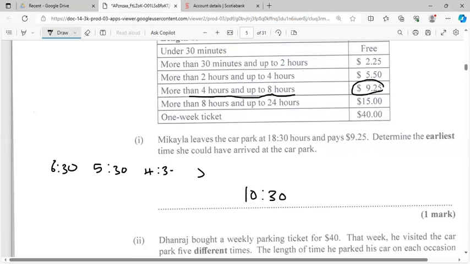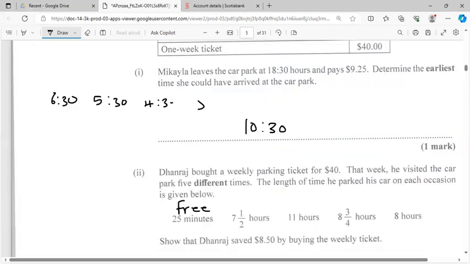So let's look at the times now. 7.5 hours would still be $9.25 since it passed 4 hours. 11 hours is $15. This would also be $15. If it's exactly 8 hours, it would be $9.25. So these are the numbers that we're working with.